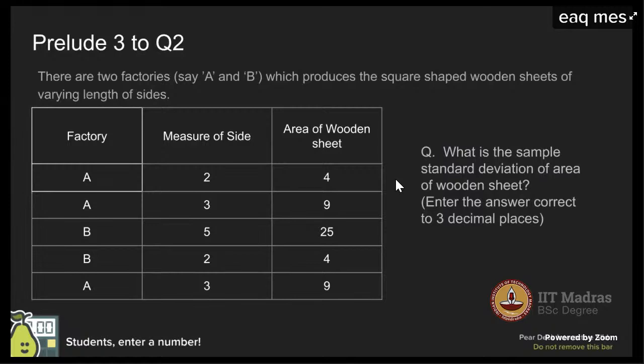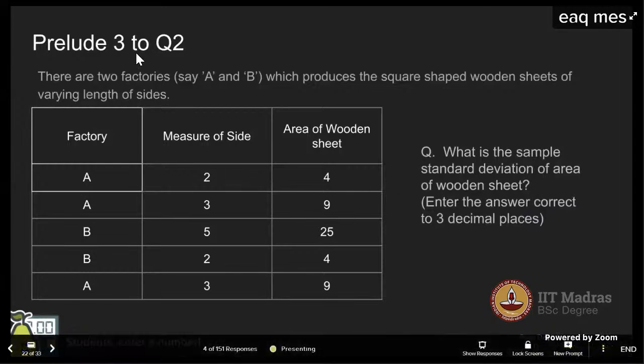But the problem with variance is that its units will be the square. If your data is in meters, the variance you will find is in meter square. So that's why we use the standard deviation also, so that we get the variability in the data in the same units. Okay, sir. Thank you. Done, sir.